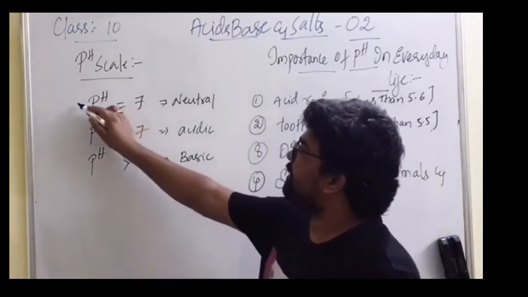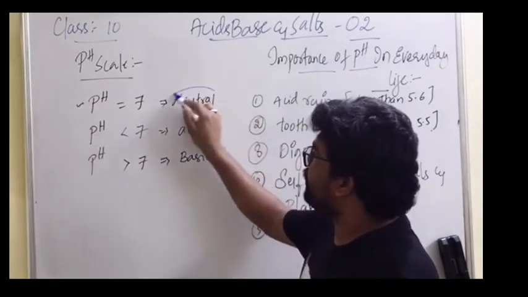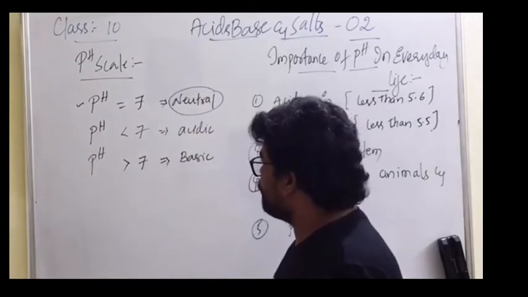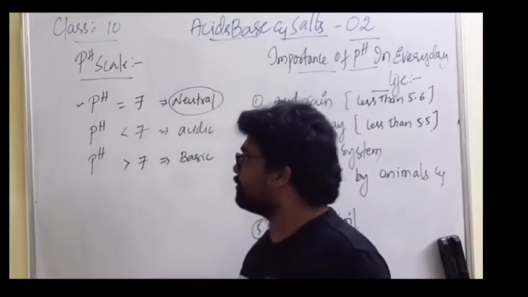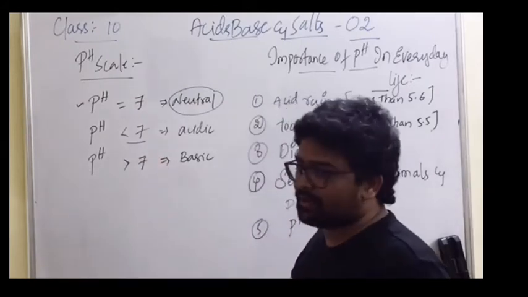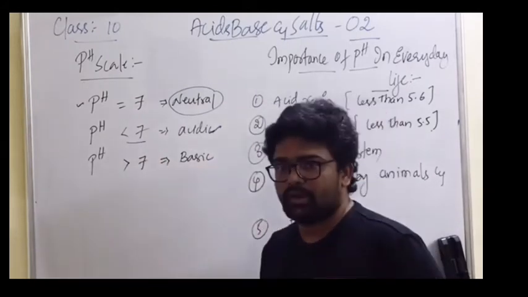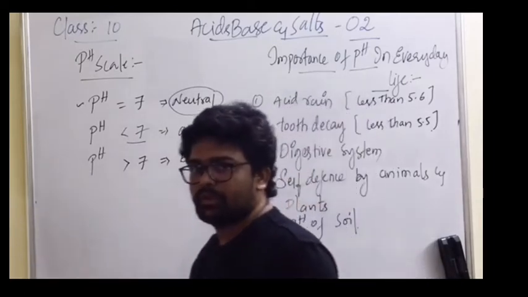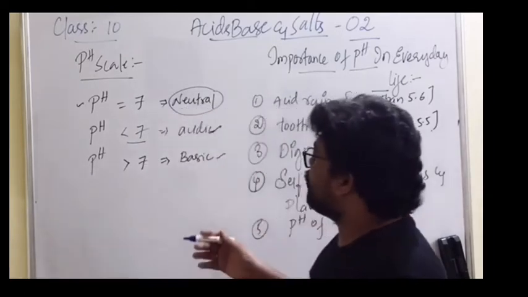If pH scale value is equal to 7, then we call it a neutral solution. If any solution has a value less than 7, we call it acidic. Greater than 7, if pH value, it is basic. Okay, so this is what we saw.